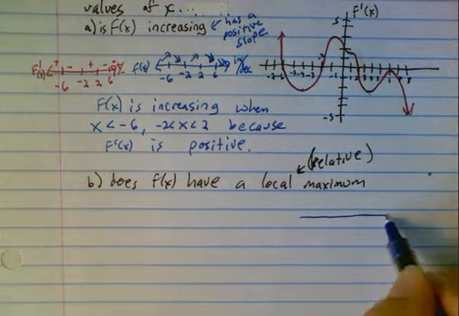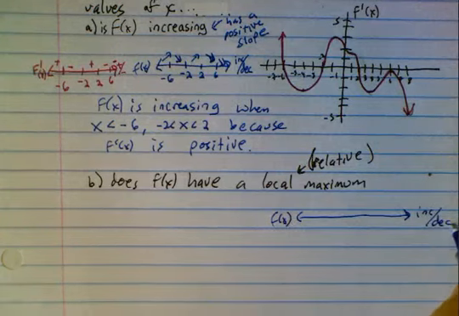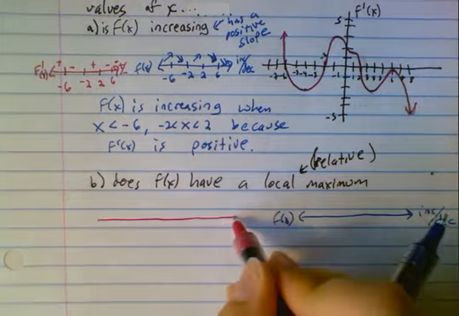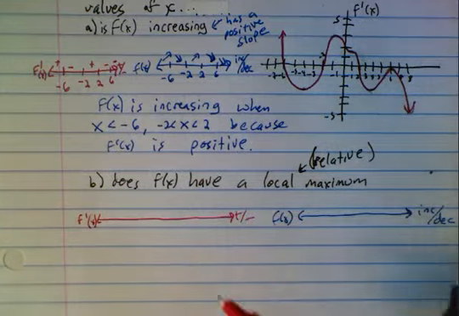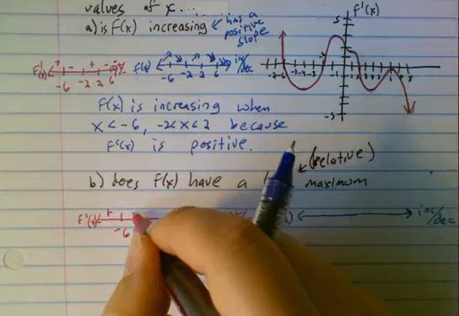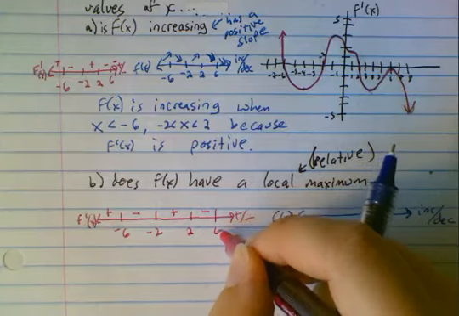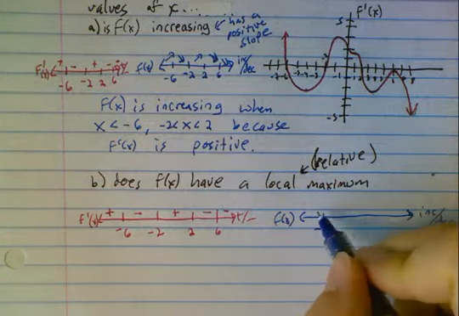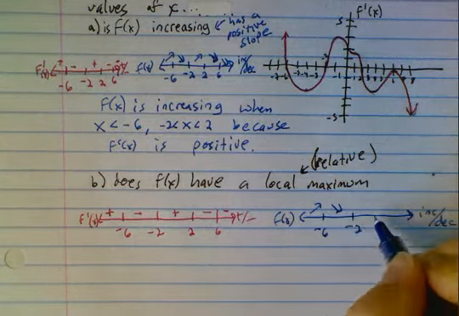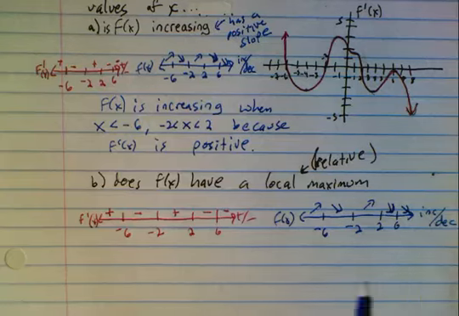Okay, local maximum. So we know that for f of x, we're going to have the increasing decreasing line. We are given f prime, so that's going to be the positive negative line. Positive to negative 6, negative to negative 2, positive to 2, negative to 6, and negative after that. It's the same line that we drew out up here. I just drew it out bigger so we could actually see a little better.